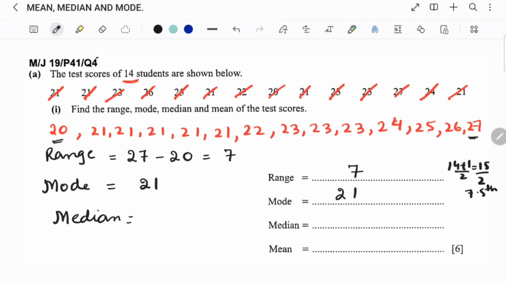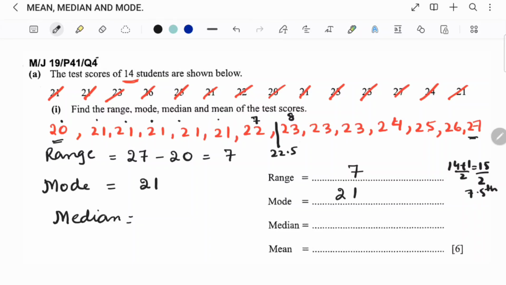Let's check where it is: 1, 2, 3, 4, 5, 6 and then 7. The 7th value is 22 and the 8th value is 23. So in between 22 and 23, the center number will become 22.5.